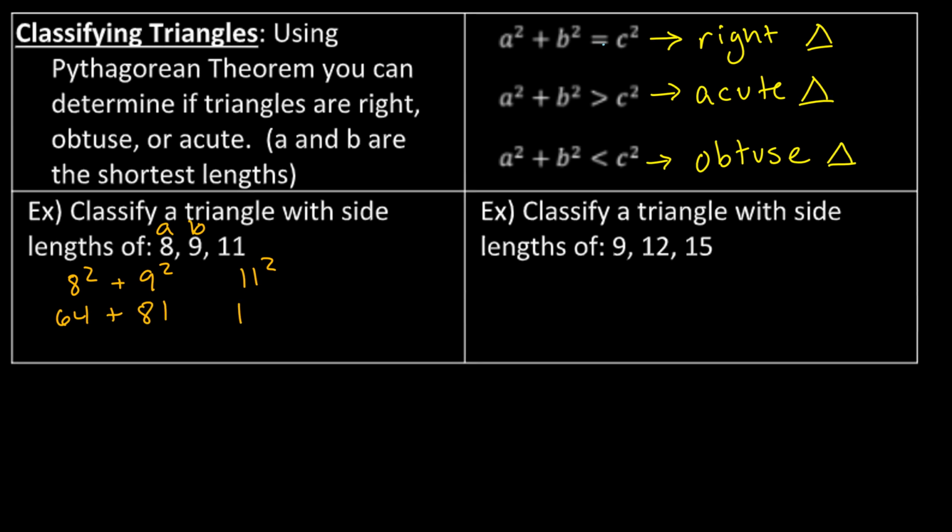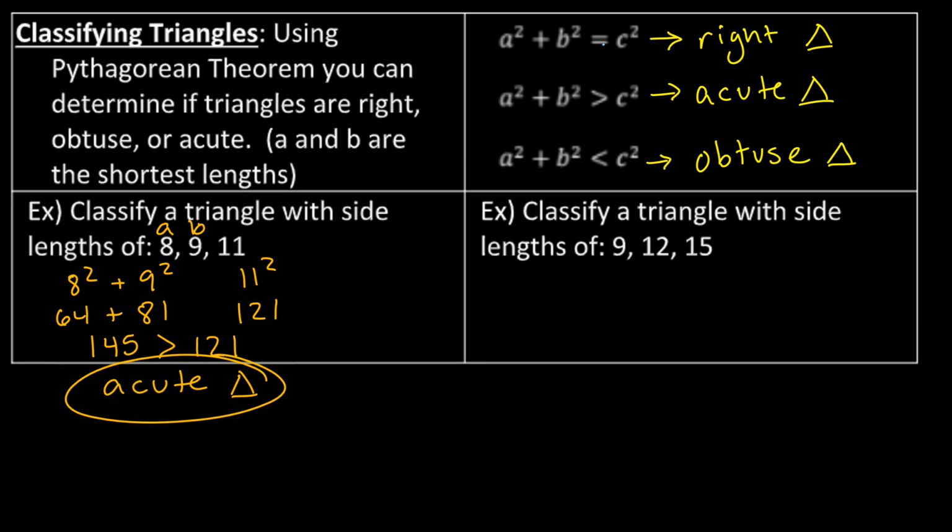And 11 squared? Good. And what is 64 plus 81? 145. Good. What is 145 in comparison to 121? Bigger. So which type of triangle is this? Acute. Good.